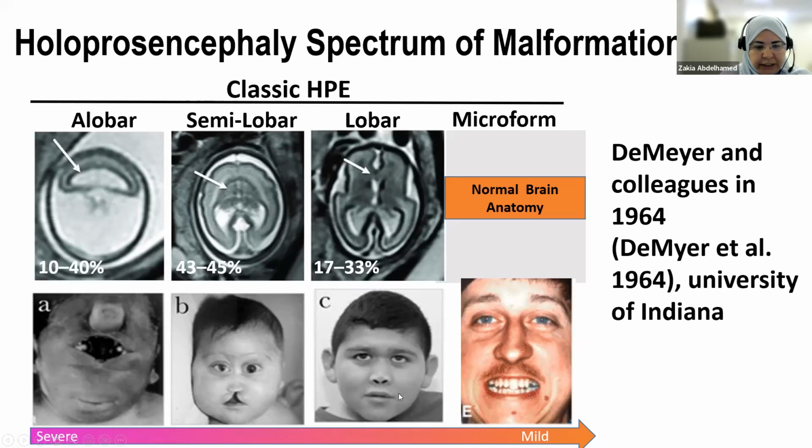The lobar usually has again milder faces, but you still see some hypotelorism, and probably can also have facial cleft. For the microform, this is the form where you only have facial malformations, but very mild, and no brain malformation. And this is a continuum of the classic holoprosencephaly.